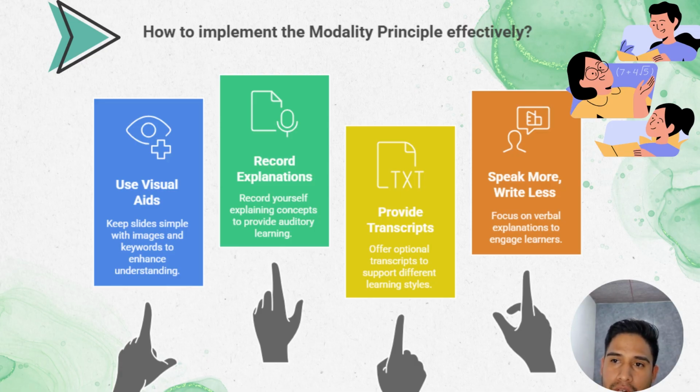You can record your voice explaining a topic in English and use it for review later. And if you teach or give presentations, golden rule: speak more, write less, and your students will thank you.